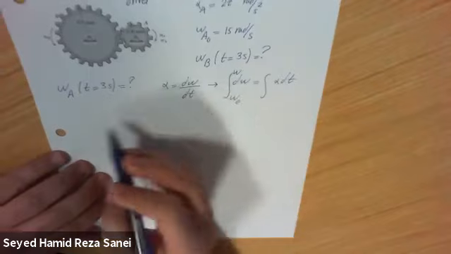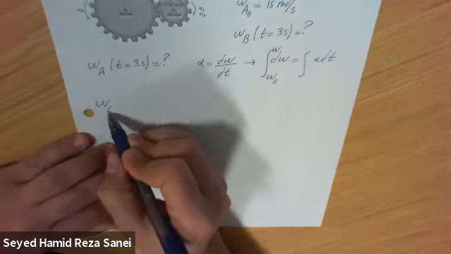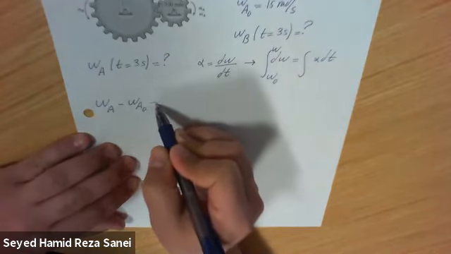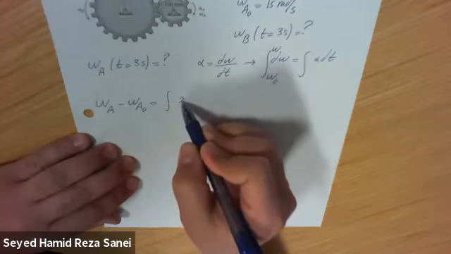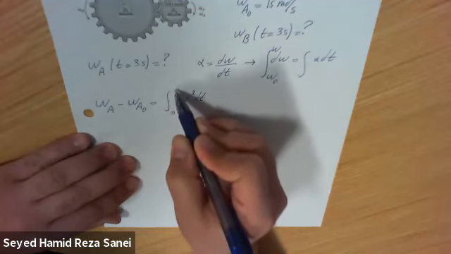So here omega would be, writing for gear A, omega minus omega naught equals alpha, which is 2, let me write it, and then take integration from 0 to t.